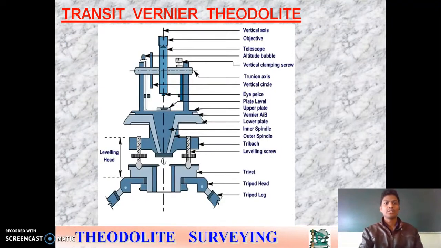Let's know about the transit vernier theodolite, which is a type of theodolite. In this picture, you can see the cross-sectional view of a transit theodolite. In this, this line of sight is the vertical axis, and this line of sight is the horizontal axis. This is the telescope, this is the altitude bubble, this is the objective vane, and this is the eye vane.